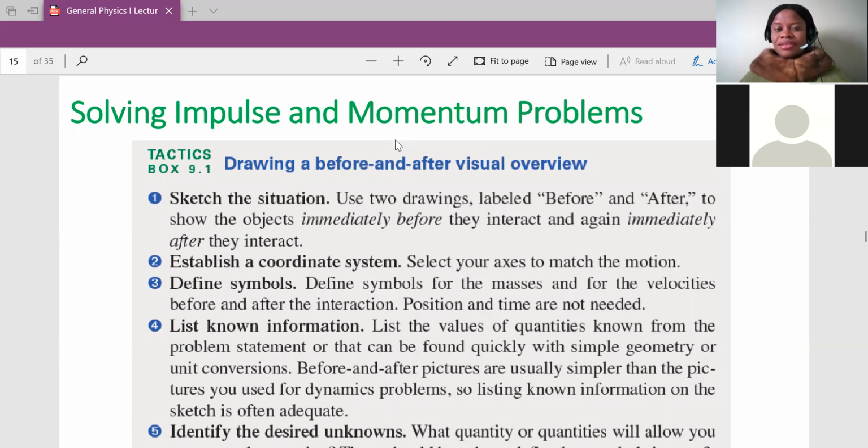Someone asked when the midterm 2 will be. It's on the 17th, but I'll post it as an announcement on Moodle as well. Okay.